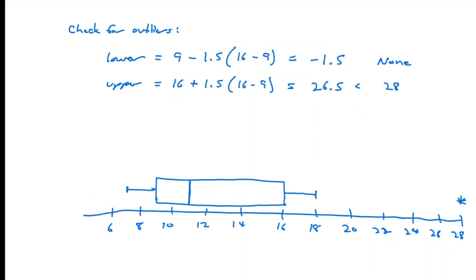Okay, well, that's actually it for this lesson. That was a lot. Mean, median, again, make sure you know how to find those. The idea that mean is used when you have symmetry in your data, or basically no strong skew or outliers. Median when you do have that skew or outliers. We talked about spread: range, variance, and standard deviation.